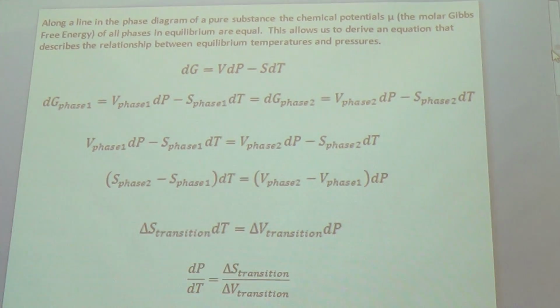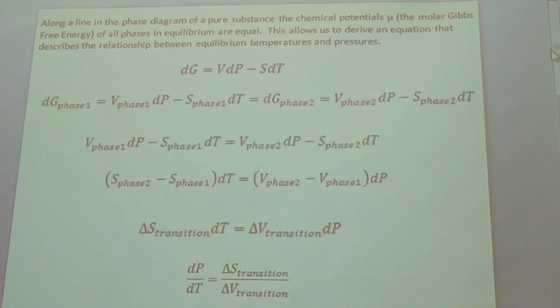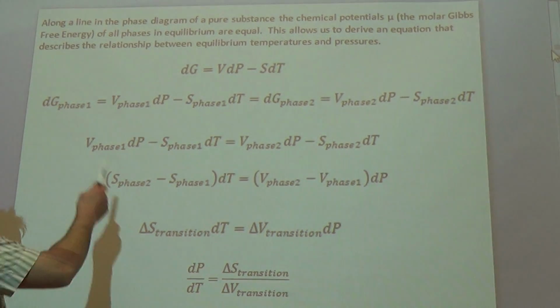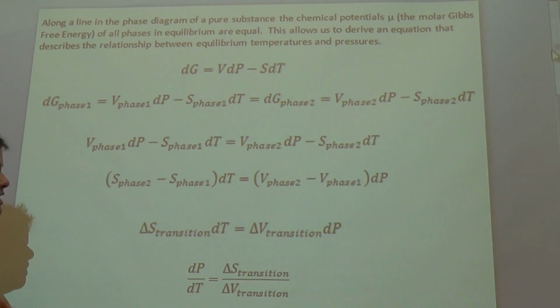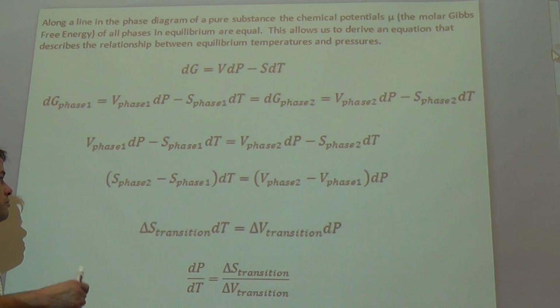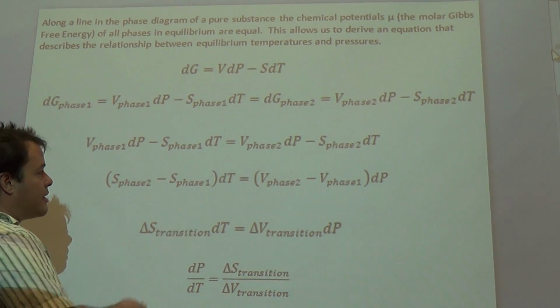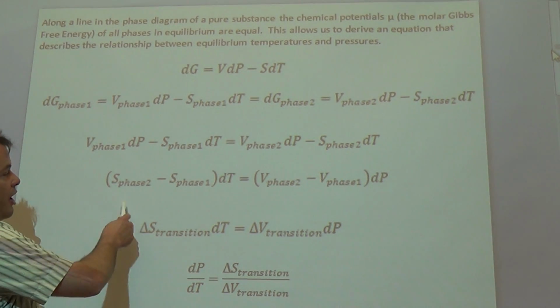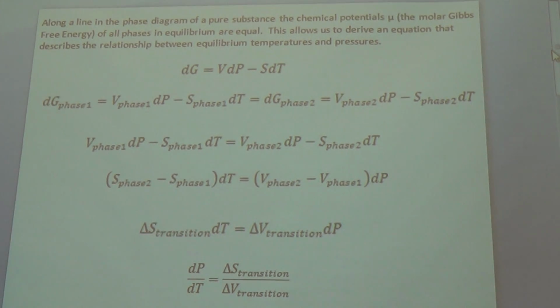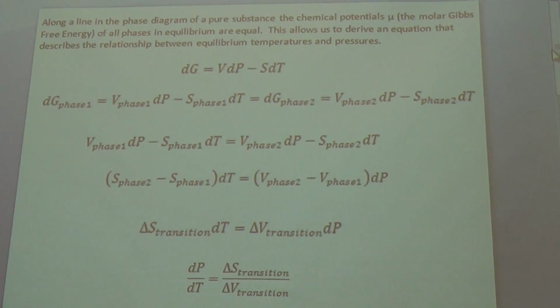So we set these two equal to each other, and we group the terms that multiply the dT and the dP differential. We get an expression that looks like this: S of phase 2 minus S of phase 1 times dT is equal to V of phase 2 minus V of phase 1 times dP.